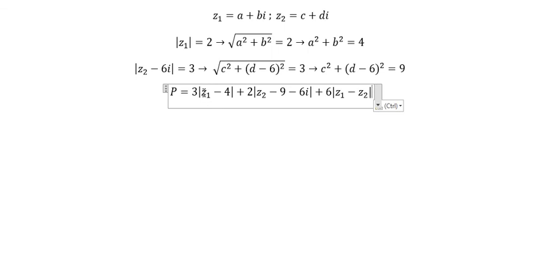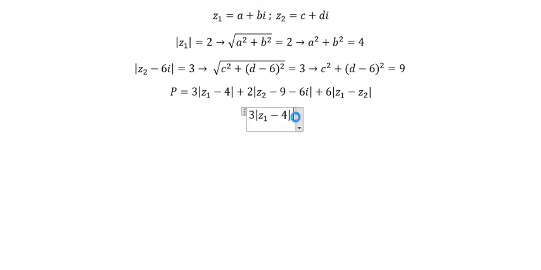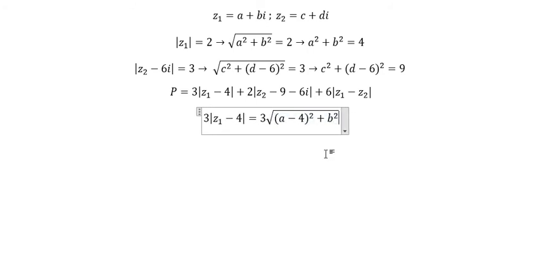So we have z1 minus 4. So we can do it one by one. So in this situation, you got a minus 4 square plus b square.